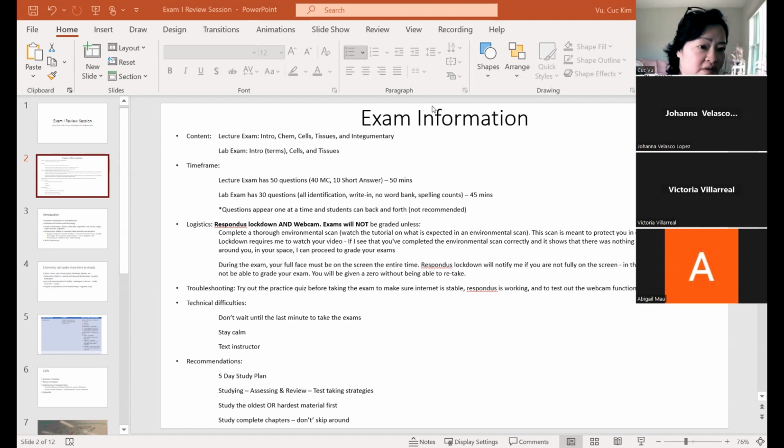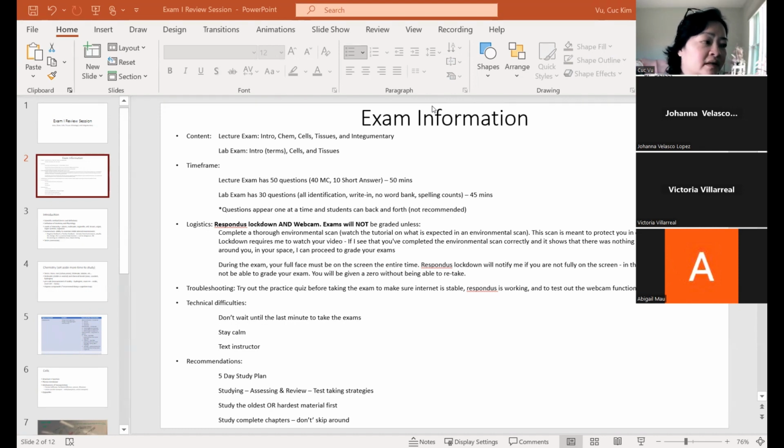When you're studying, make sure you stop and periodically check your understanding. In other words, did you just read over it, or did you truly absorb it? Quiz yourself. Use test-taking strategies. And I'll go through examples of the test-taking strategies later on when we go through practice questions together. Study the oldest or the hardest material first.